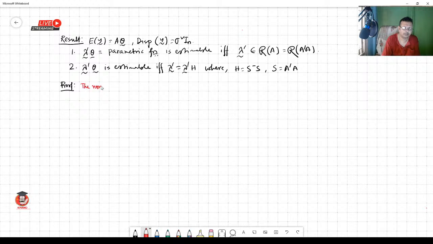The normal equations are A prime A theta curl equal to A prime y curl.